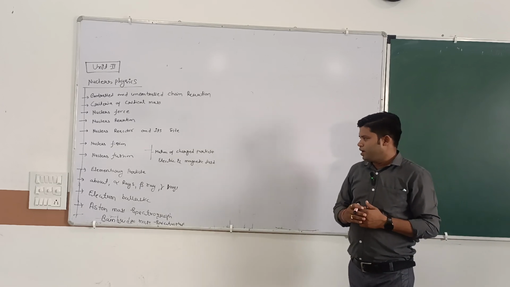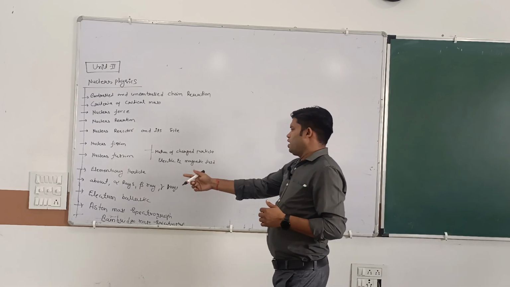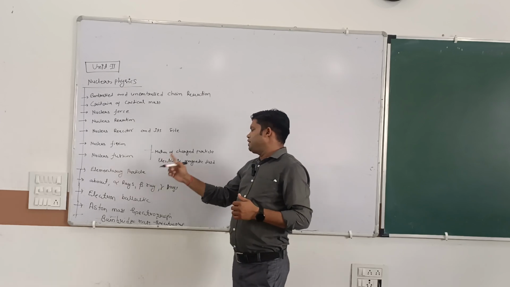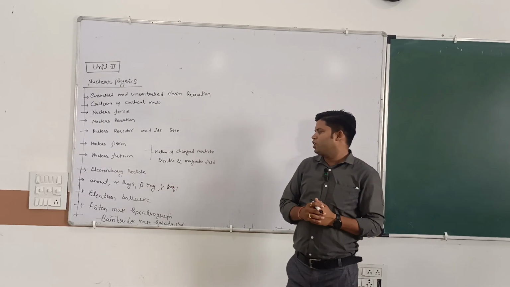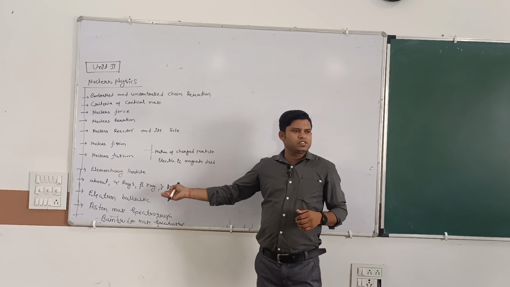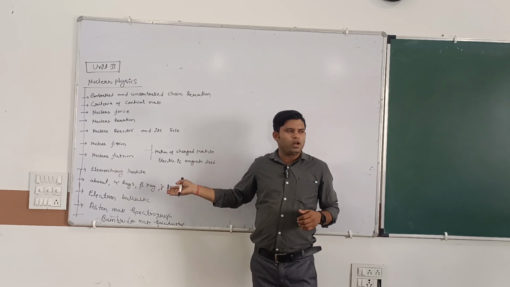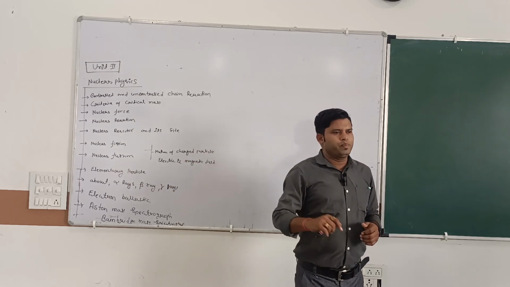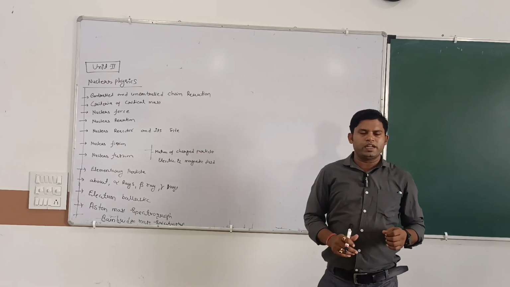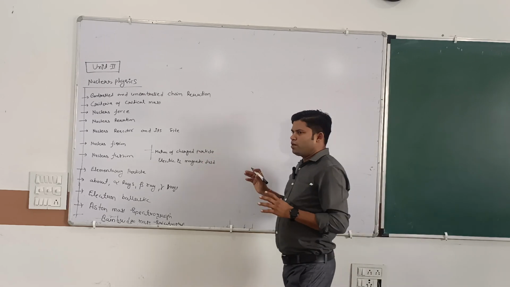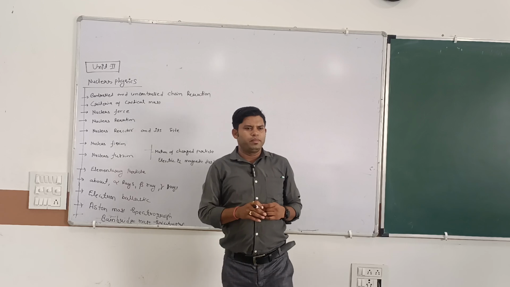Elementary particle, about alpha particle, beta particle, gamma, that is the form of rays. Then electron ballistics, under this Aston mass spectrograph, Bainbridge mass spectrograph. And the last topic is motion of charged particle, electric and magnetic field.